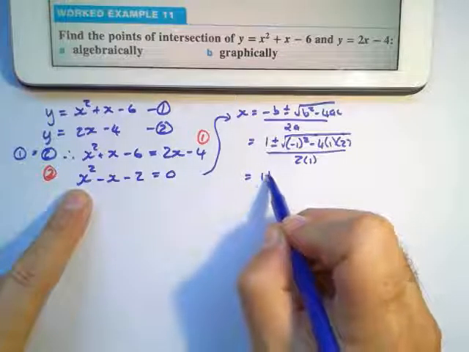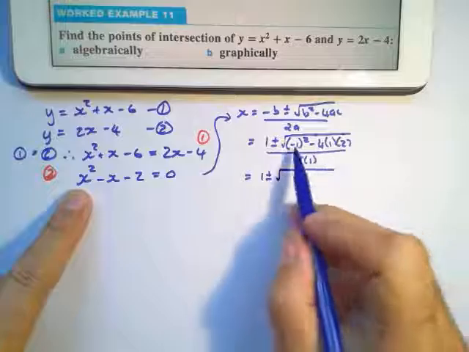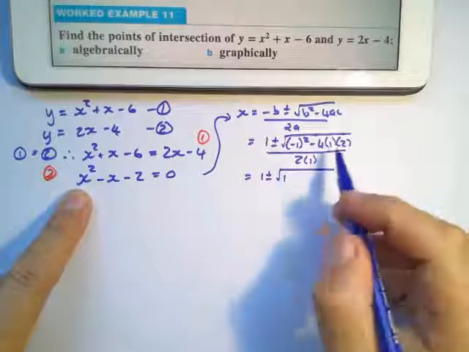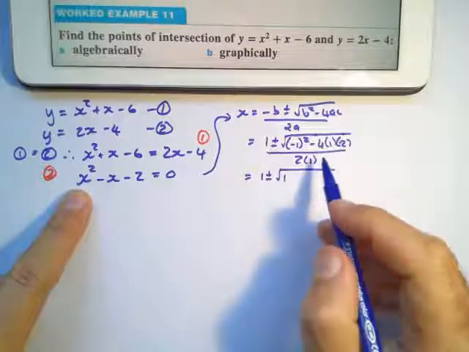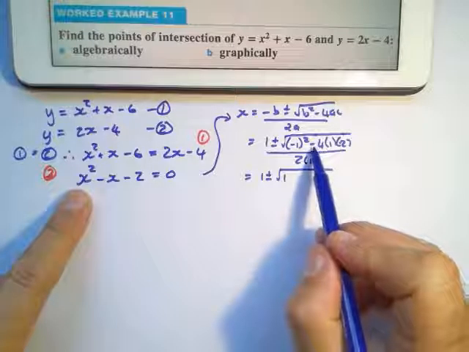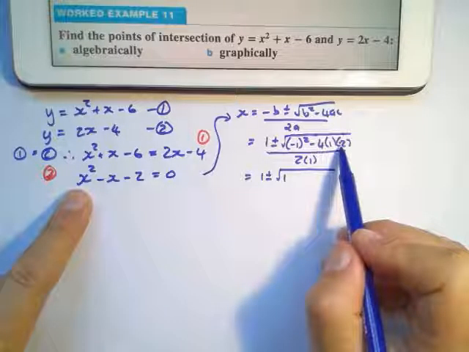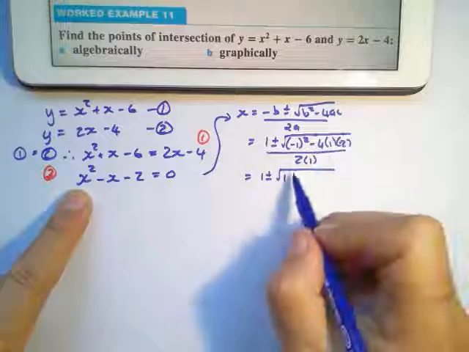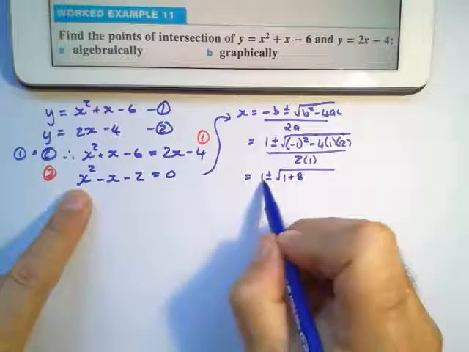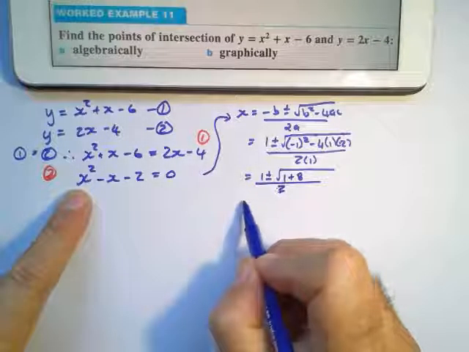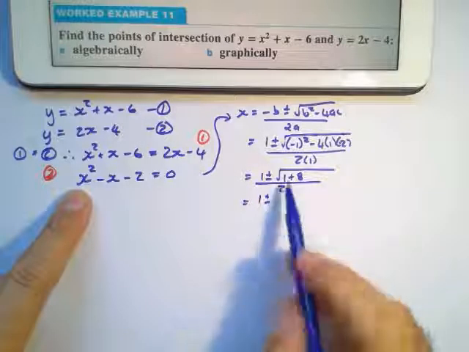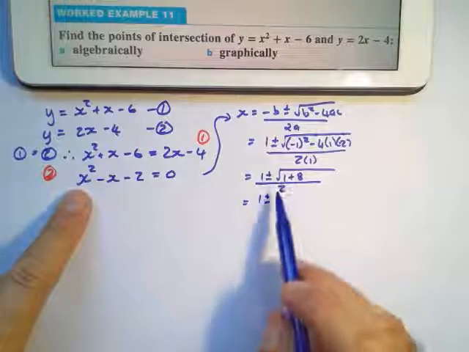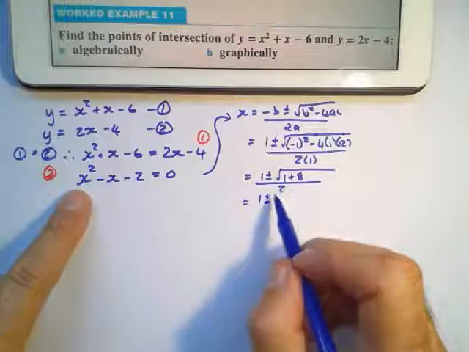That will give us 1 plus minus the square root of negative 1 squared, which is 1. This is negative 2. Negative 4 times negative 2 is positive 8, times 1 is 1. So it's 1 plus 8, divide by 2. This will give us 1 plus minus the square root of 9, which is 3.